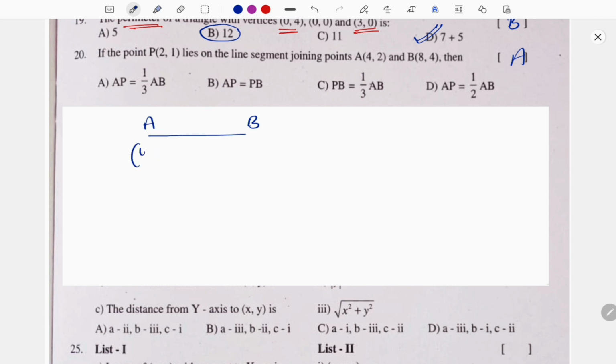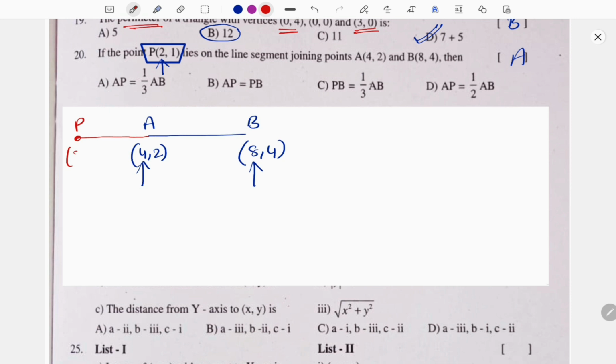A point is 4, 2 and B point is 8, 4. Here the x coordinate of A is 4 and the x coordinate of B is 8. But the given P point is 2, 1, and the x coordinate 2 is not between 4 and 8. So it lies outside, not between AB. Here P point lies outside.